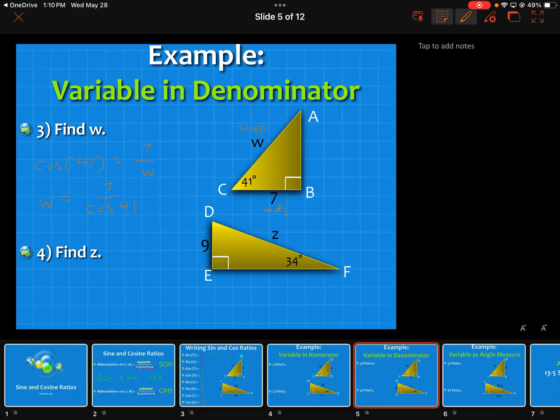That gives you 9.28. That is my hypotenuse. It better be bigger than my leg, which was 7.